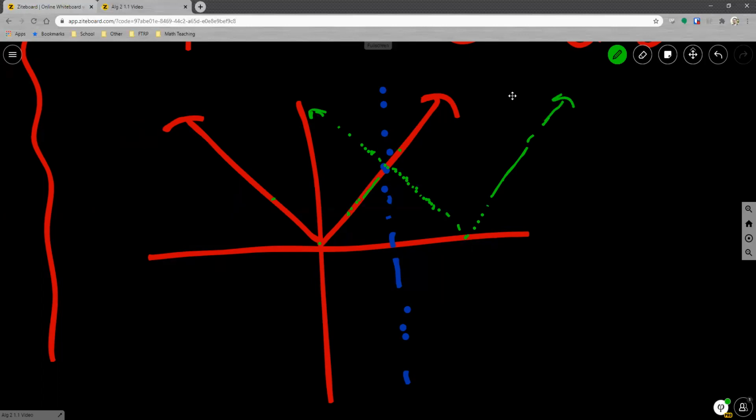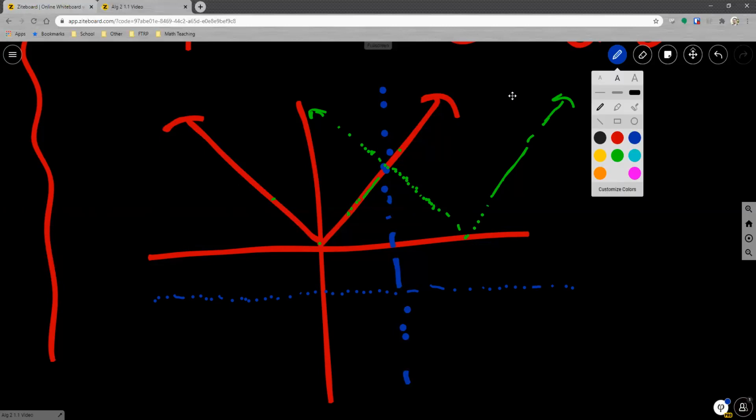The line of reflection can be a vertical line, or it can be a horizontal line. If it's a vertical line, the reflection is a horizontal reflection. And if it's a horizontal line, the reflection becomes a vertical reflection.